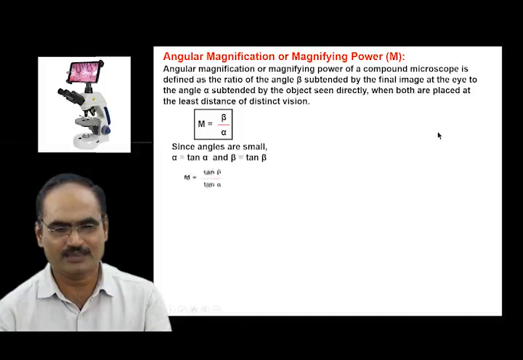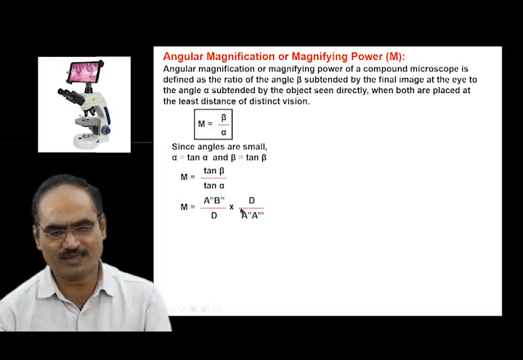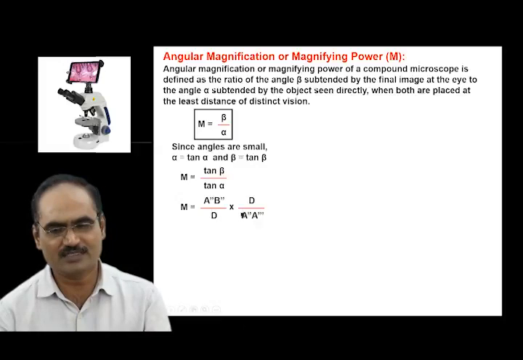So we can see these things here. That is A double dash B double dash by D. And since it is tan alpha, you write 1 by A double dash A triple dash by D. That D goes to the numerator here, and since this distance is the least distance of distinct vision, these will get cancelled.